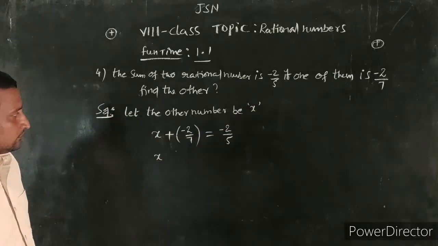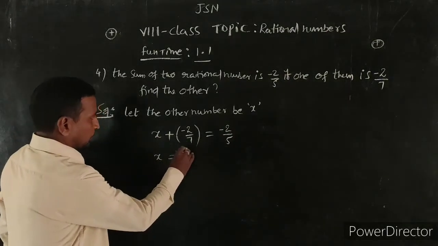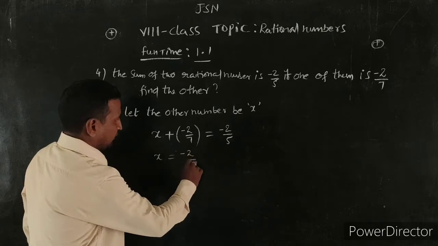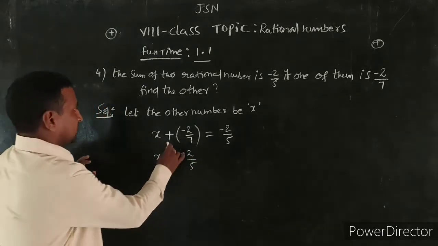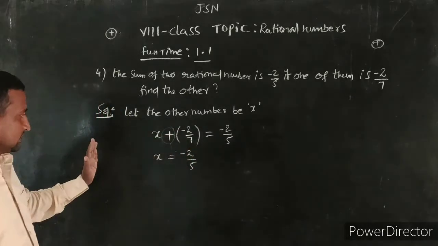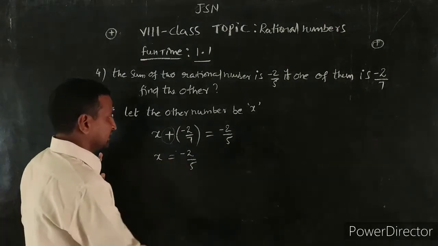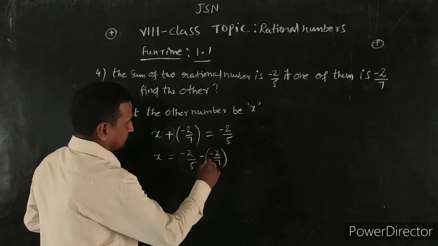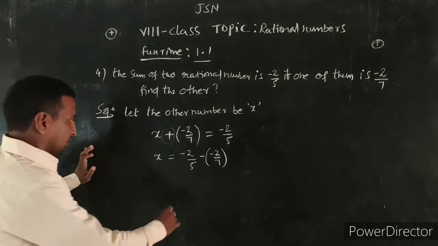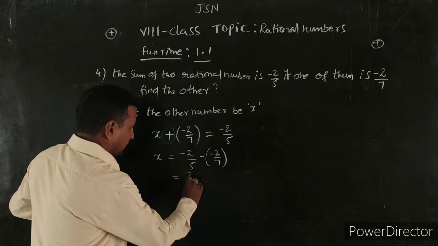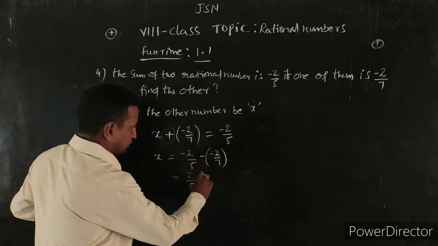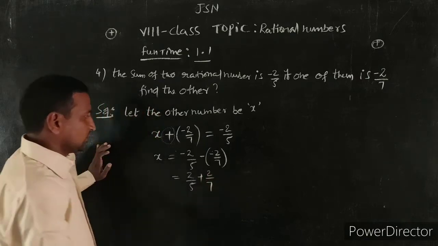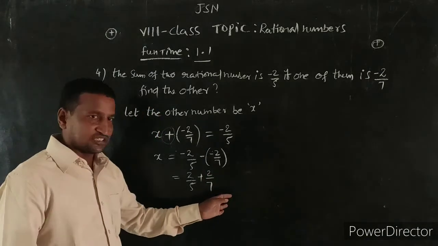x equal to minus 2 by 5. In this side the number moves to the right side. So the right side is minus of minus 2 by 7. Right? Minus 2 by 5 minus of minus means plus 2 by 7. Now the LCM of 5 and 7 means 35.